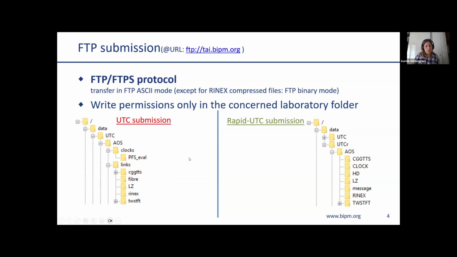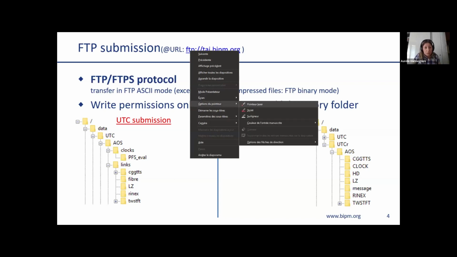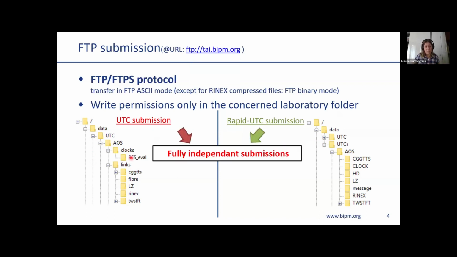There are 2 different submissions: one for UTC and one for rapid UTC. These are 2 independent submissions, and as you can see, the architecture is not the same. So you need to send files in 2 different ways, and we strongly recommend that you do it in a daily and automatic way.